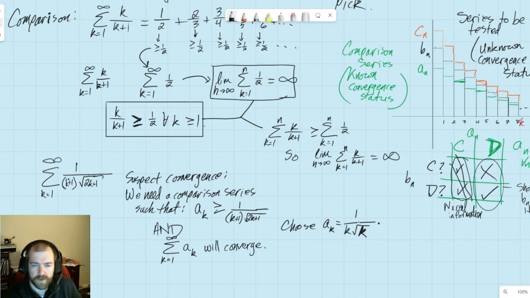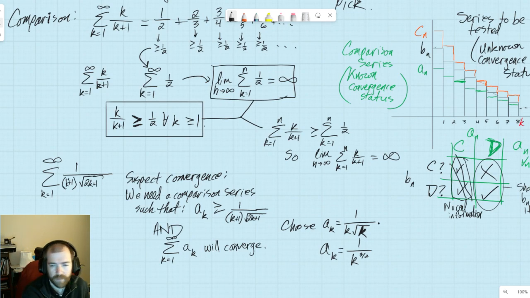Alright, so in this case, a sub k is equal to 1 over k to the 3 halves. So we can see the function itself will converge, because this is going to go to 0. But then will the sum converge, because that's going to be slightly different.